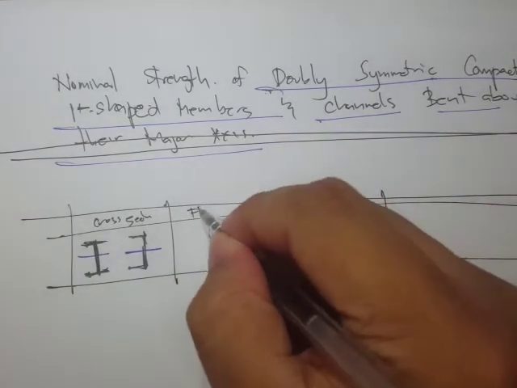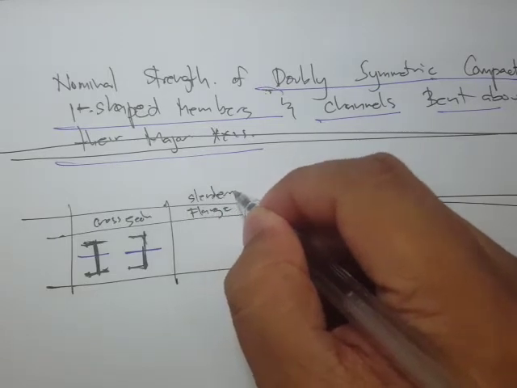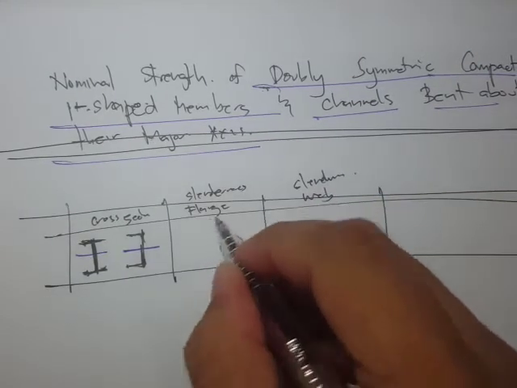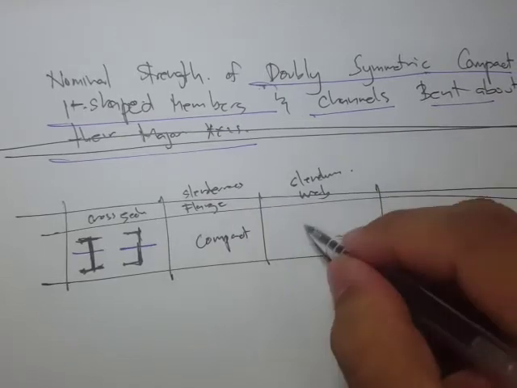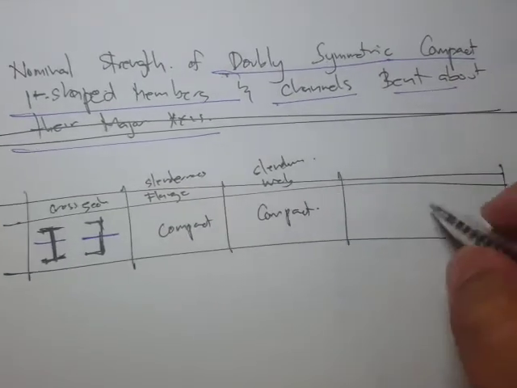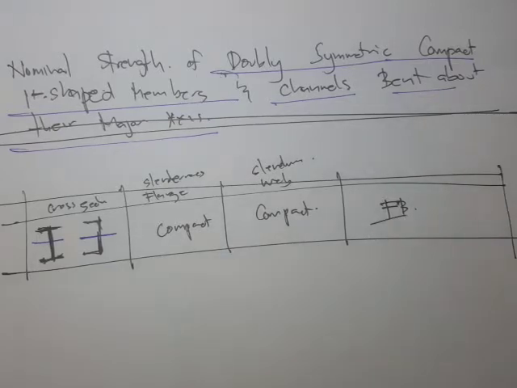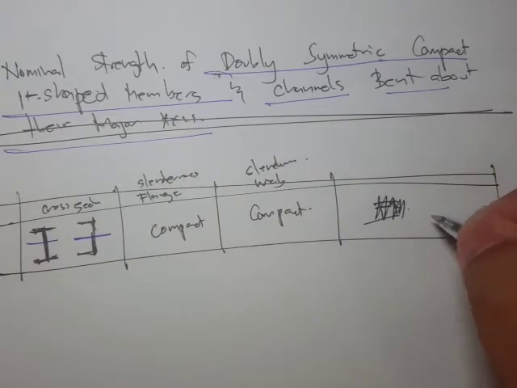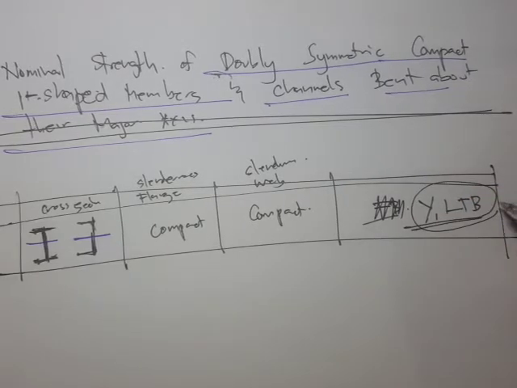And if you have a flange slenderness, this one is web slenderness, and if the flange is compact, and the web is compact, then the limit states would just be the flexural buckling. Oh, sorry, that's not flexural buckling. This should be yielding and lateral torsional buckling.